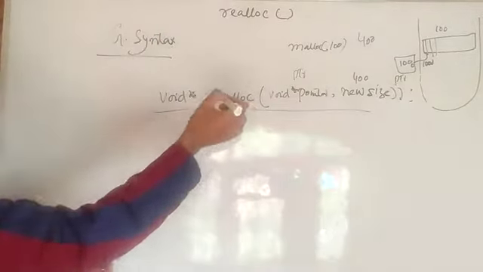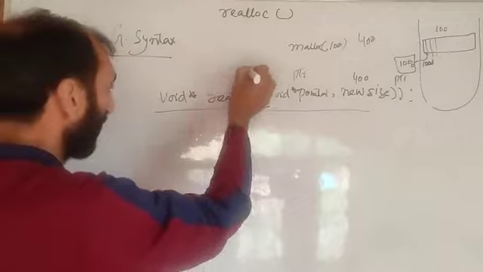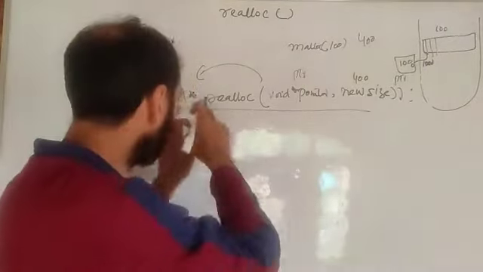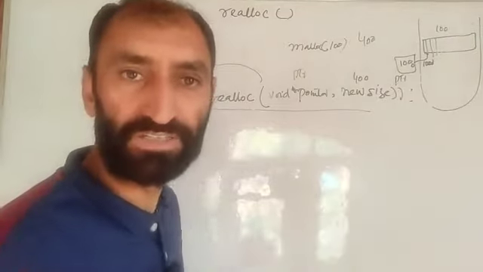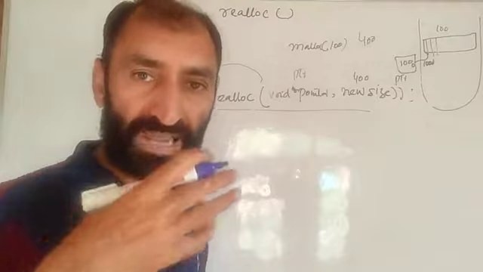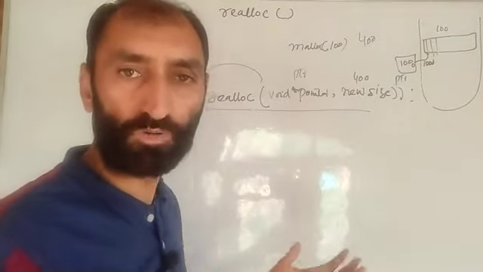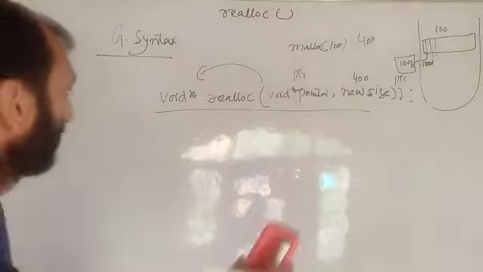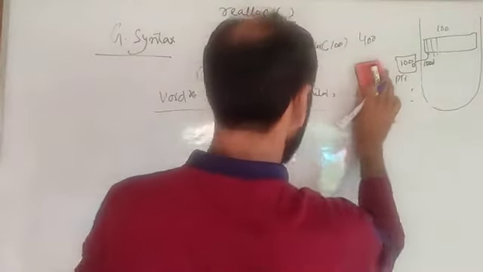The return type is a void pointer. We can later typecast this void pointer to any other pointer, such as an int pointer, character pointer, or float pointer, according to our programming need. Right? So this is the general syntax of the realloc function.